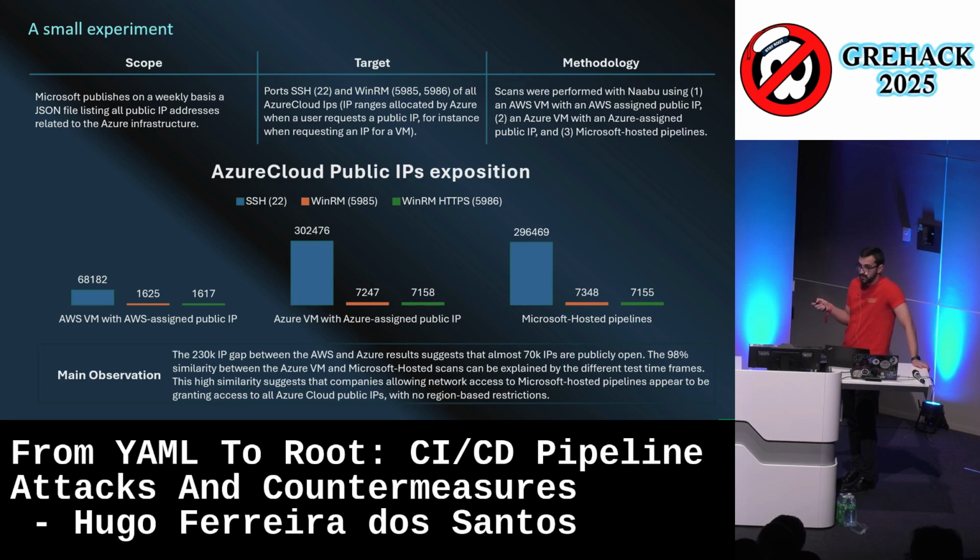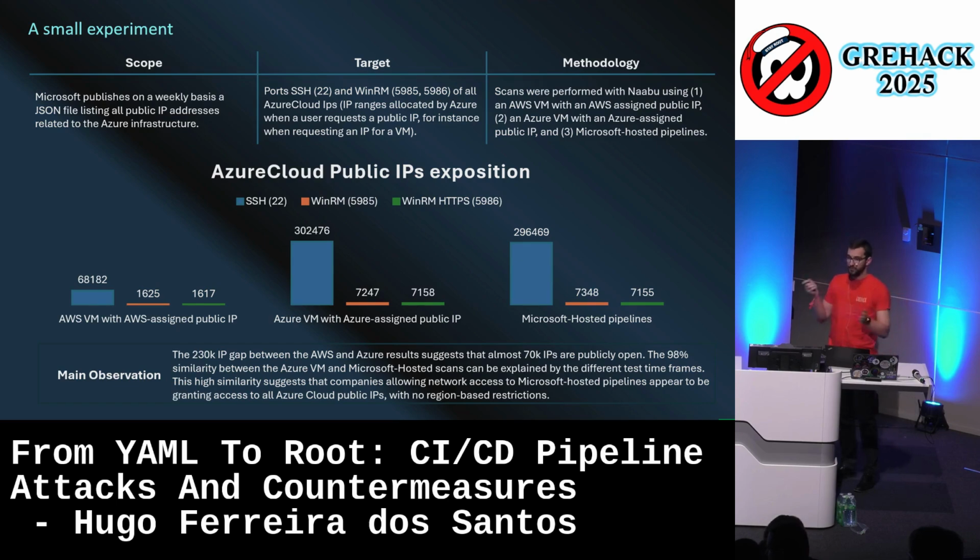And inside the whole, I think there are 47 million IPs. So between them, there are 300,000 with SSH open. And we see that for AWS, only 68,000. The idea is, by this research, we think that the reason is, by default, you will have some trust relationship between, let's say, the clients that are using these IP addresses and their infrastructure, and they will open it to everything in Azure.